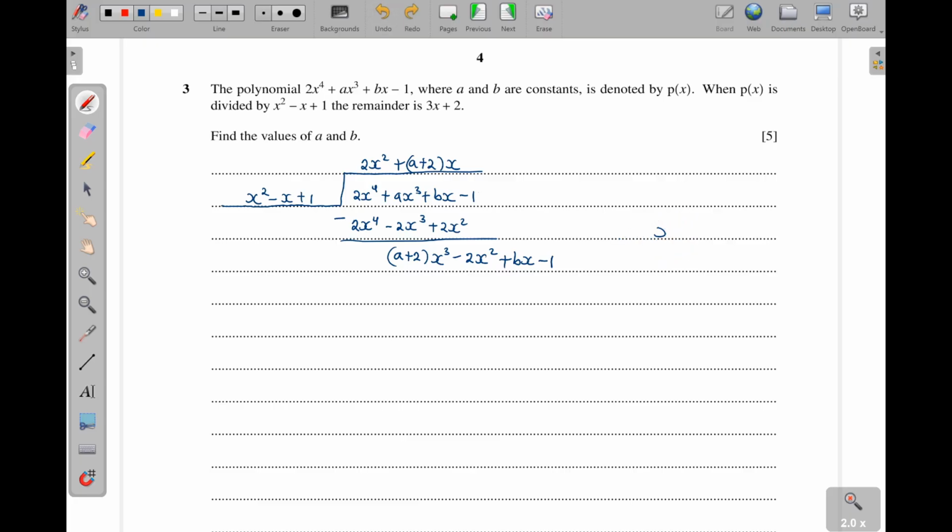Now the rest we multiply all through. So x^2 times this, we shall have a plus 2, then x^3, and then minus x times this one here, we shall get minus a plus 2, then x^2, and then 1 times that, then we shall have a plus 2 of x.